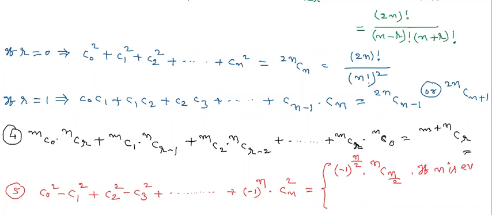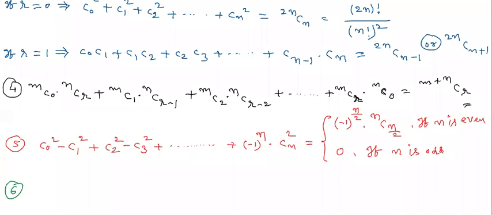If n is odd, answer is 0. These are the important statements.